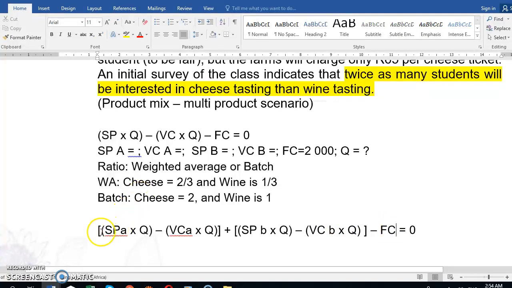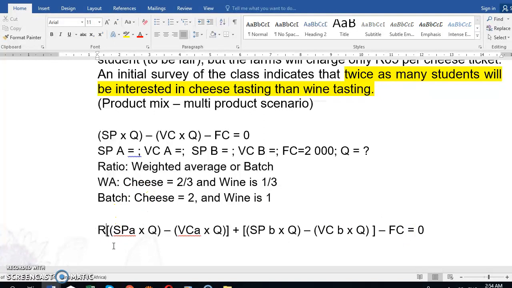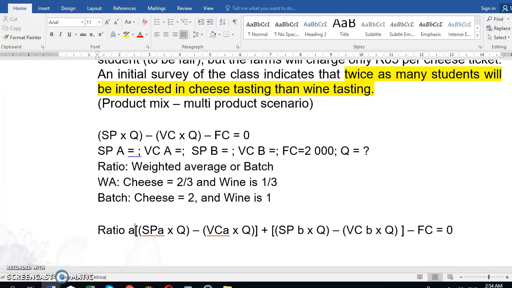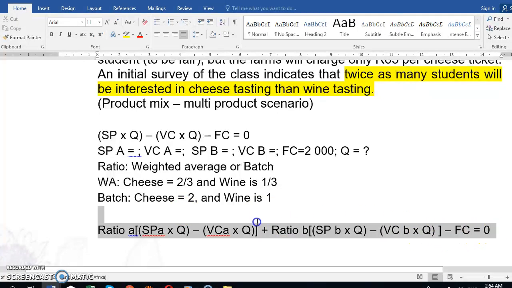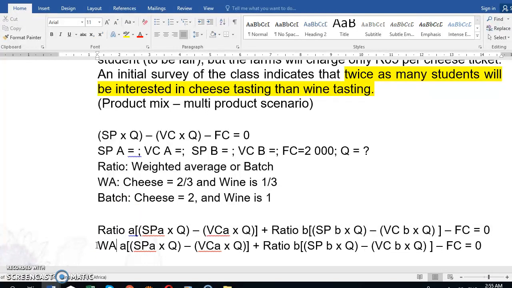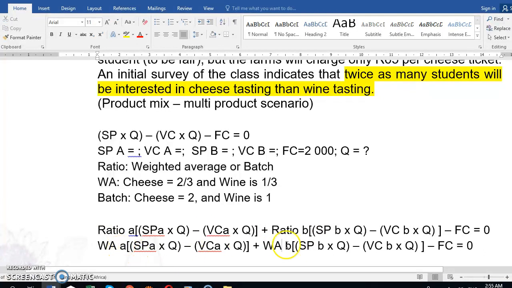Then all that happens here is in front of this bracket you put the ratio for A, and in front of this bracket you put the ratio for B, and that depends on which method you choose. So if you choose the weighted average, this will be the weighted average for A and the weighted average for B. Obviously if you put weighted average here, you must do weighted average there.